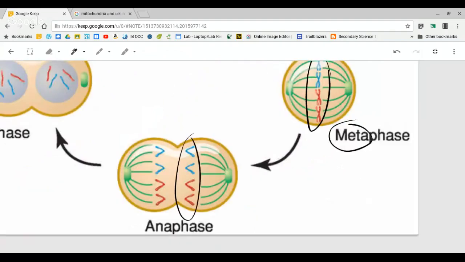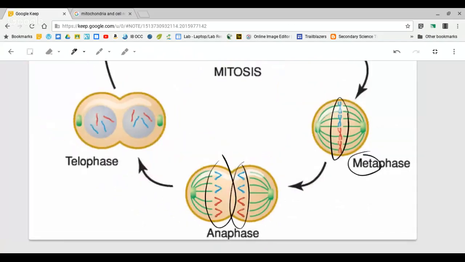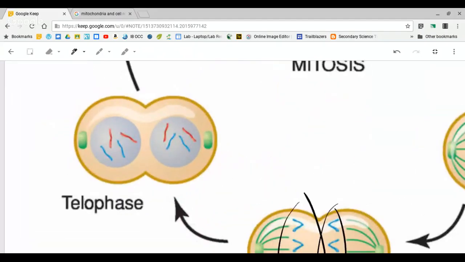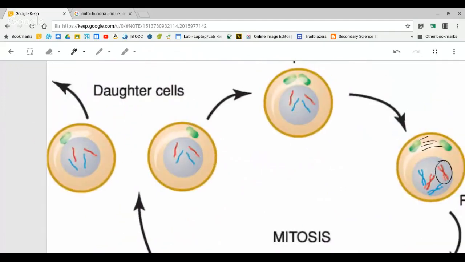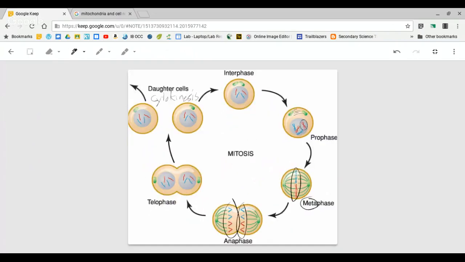Anaphase is when they split apart. Telophase is when you have almost 2 new cells, and then you have 2 actual new cells in cytokinesis. So you gotta know each of these phases. You'll see a couple questions on that for sure. So that's a good question, Jeff.